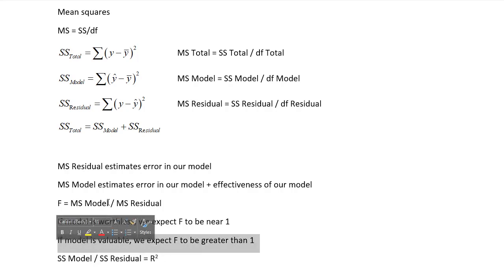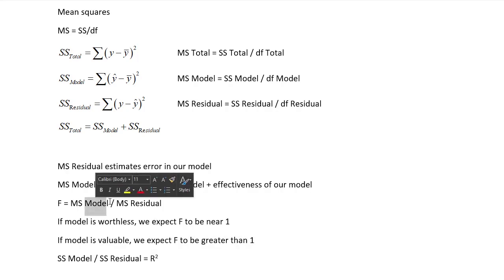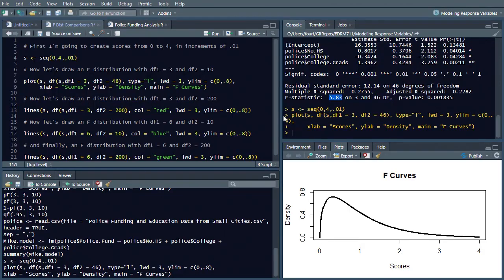And when the model is valuable, the mean square for the model goes up, just like the sum of squares for the model goes up. The F ratio, mean square model over mean square residual, that F ratio goes up, and we end up with a large F. So that's what I think is happening.